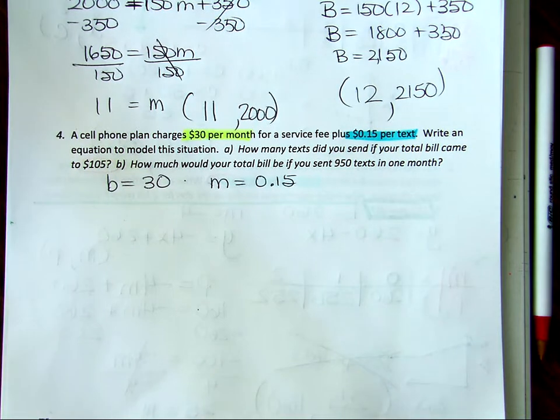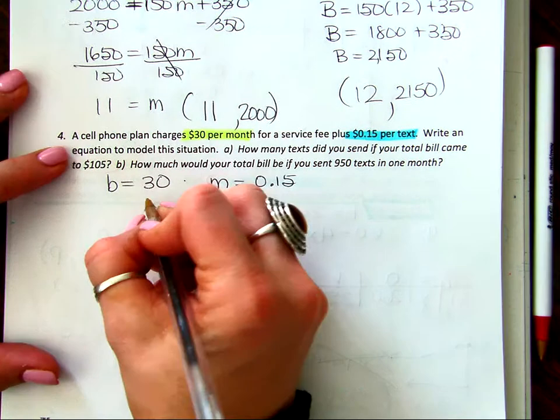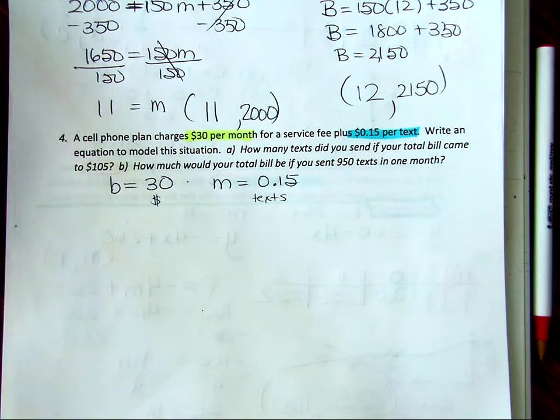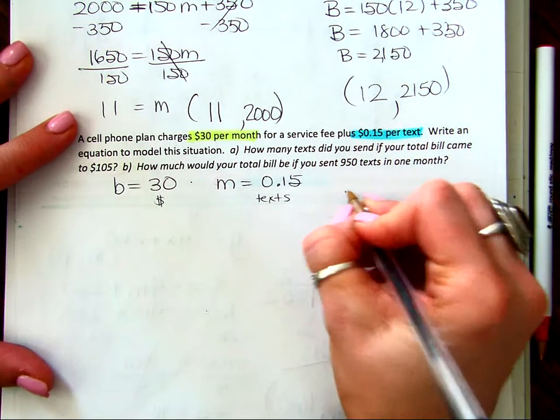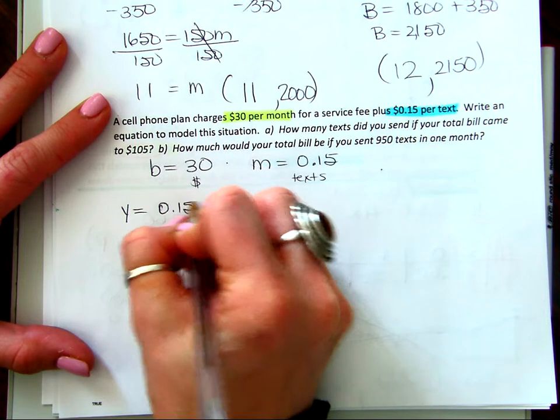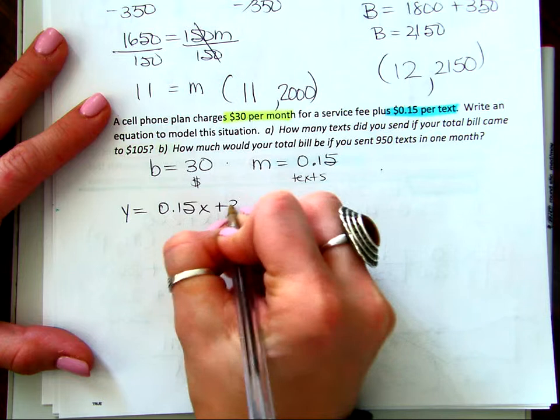Okay, this one's a little tricky because we're talking about money and texts. There is no time, is there? So first of all, you know this, right? y equals 0.15x plus 30. Hopefully that's the equation you had, right?